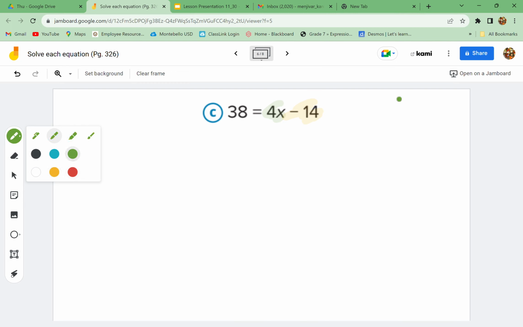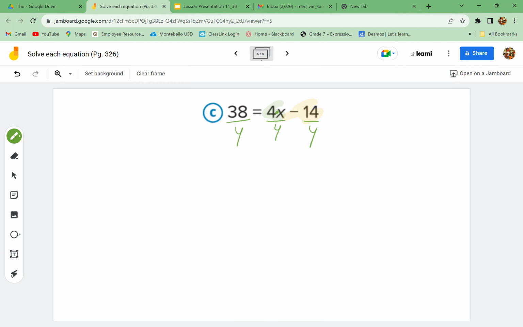Notice how you're multiplying by 4, so I have to divide by 4 because that's the opposite. But like I stated before, if I divide this term by 4, I have to divide every other term by 4. So I divide by 4 here and here to keep it equal.